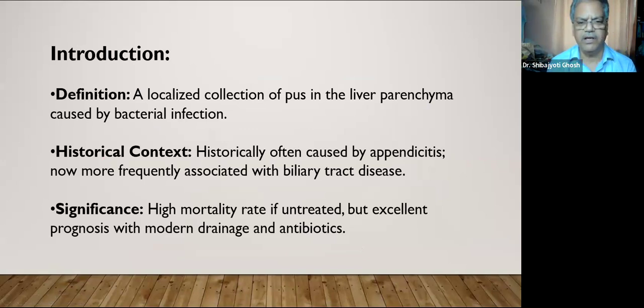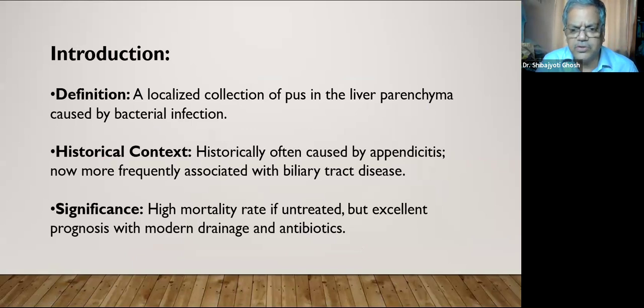By definition, it's a localized collection of pus in the liver parenchyma caused by bacterial infection. So this is a bacterial infection, and amoebic liver abscess, as you know, is another kind of infection with amoeba. Historically, it was often caused by appendicitis, which was one of the commonest causes of pyogenic liver abscess.